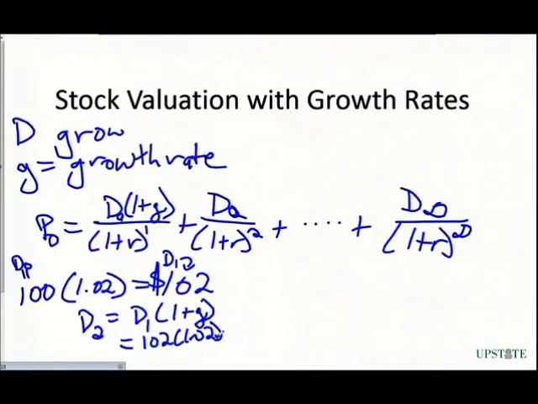We can change this a little bit: if we're going out 2 time periods, we can square this 1 plus g, because the growth rate is compounding 2 periods, just like our r is compounding 2 periods. And we can even put that out into the infinite time period, because we are growing those dividends.